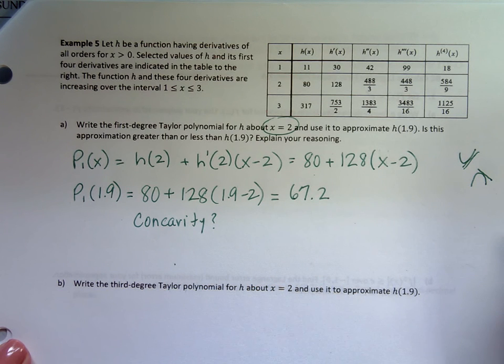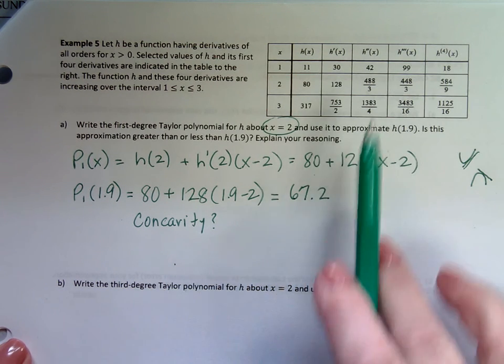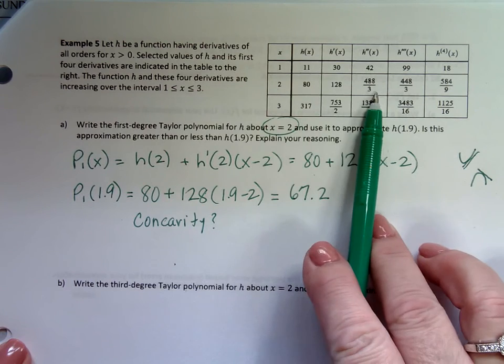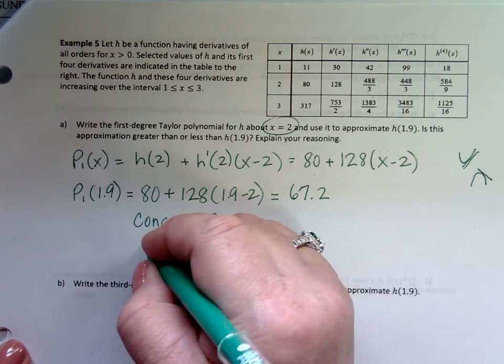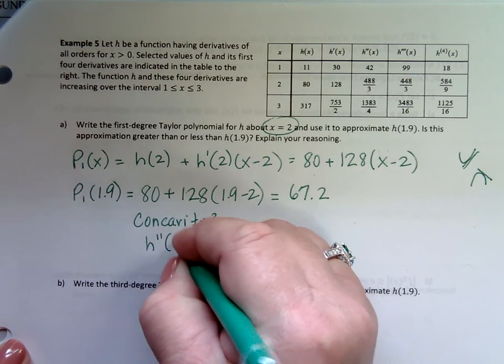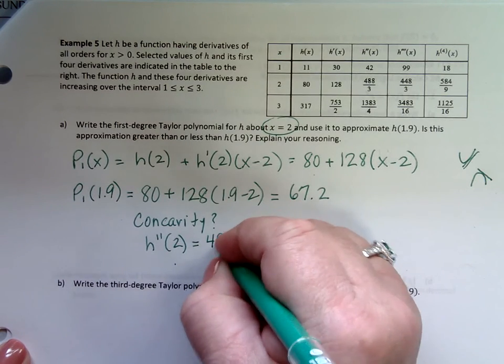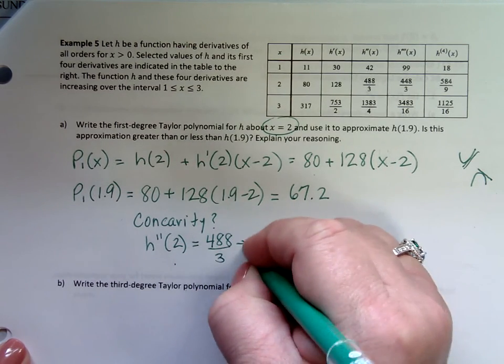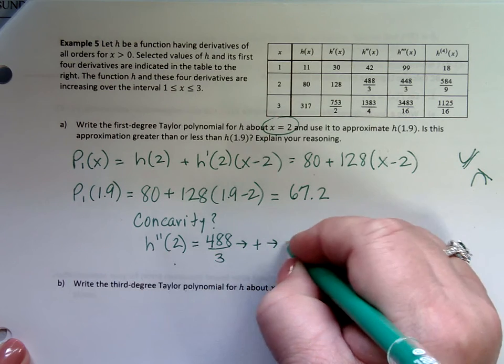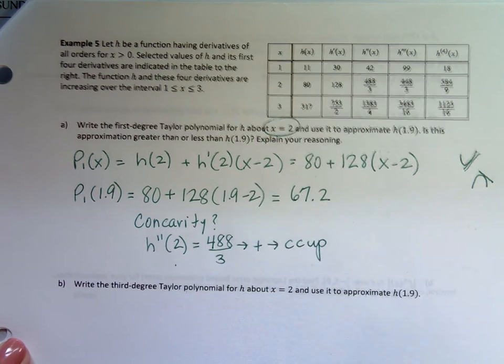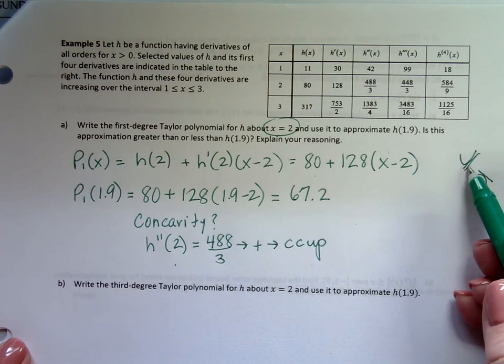So I go to the second derivative at 2. I'm looking at h double prime at 2. Is it concave up or concave down? It's 488 over 3, which is positive, which means it's concave up. If it's concave up, it's going to be an underestimate because your tangent lines are below.